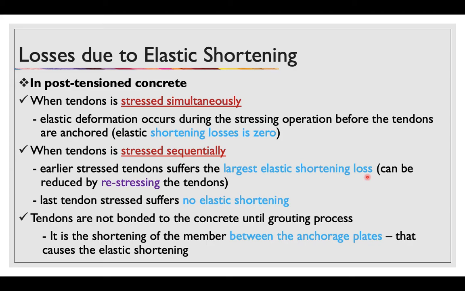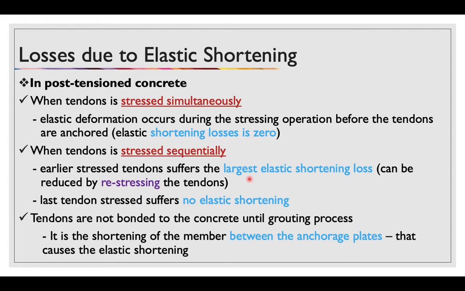The first stressed tendon will suffer the highest shortening loss, and it can be reduced by restressing the tendons. As for the last tendon stressed, it suffers no elastic shortening. So we can see here that the first one will suffer the highest shortening loss, but the last tendon that is stressed undergoes no elastic shortening.